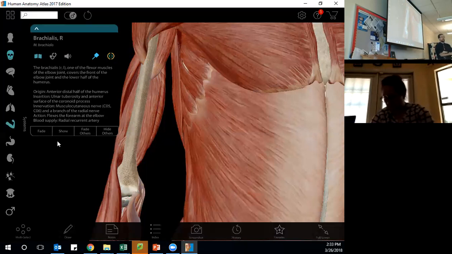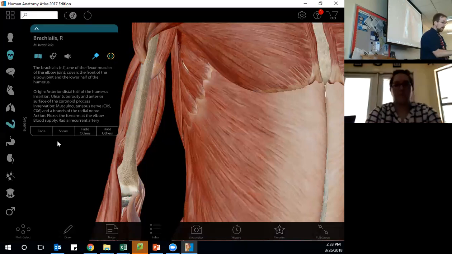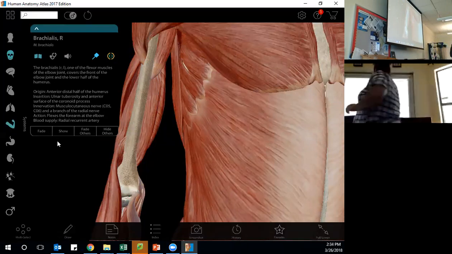This is brachioradialis. This is your drinking muscle. So, 12-ounce can of Coke, that's your drinking muscle.